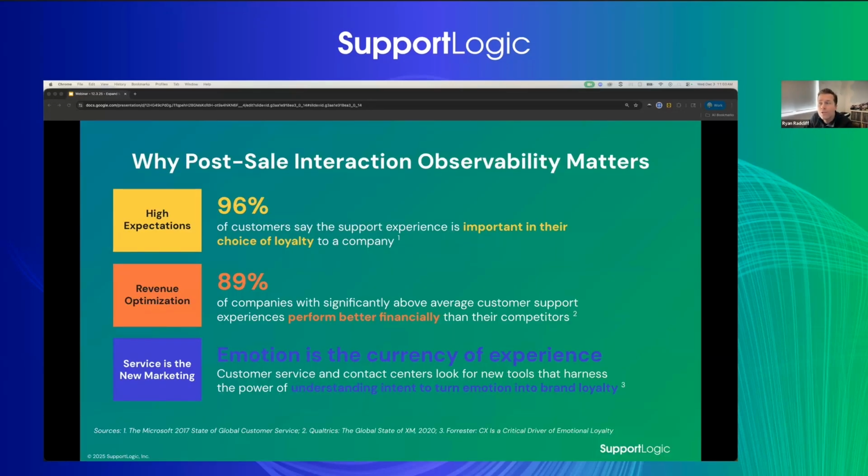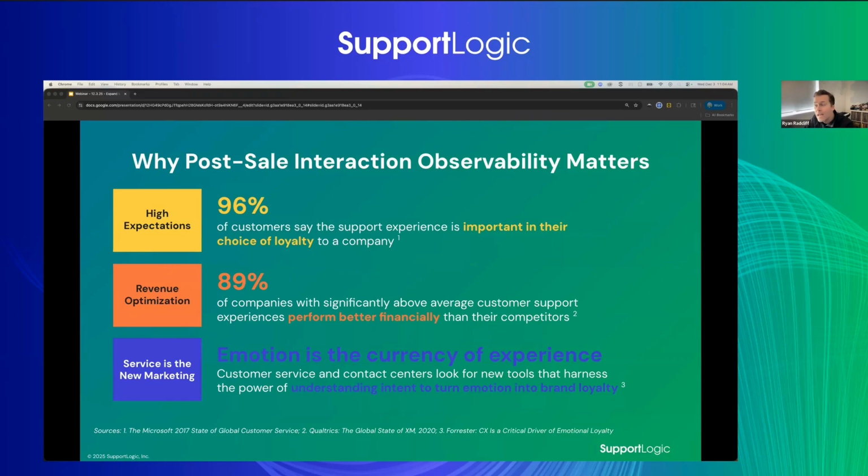So let's go deeper into why this matters. And these numbers aren't just data points. I really think this is a mandate that if you aren't analyzing 100% of your customer interactions, not just CSAT surveys, but 100% of your interactions, you're really flying blind. Your customers care about the support they receive. We can see that with that top stat from Microsoft.